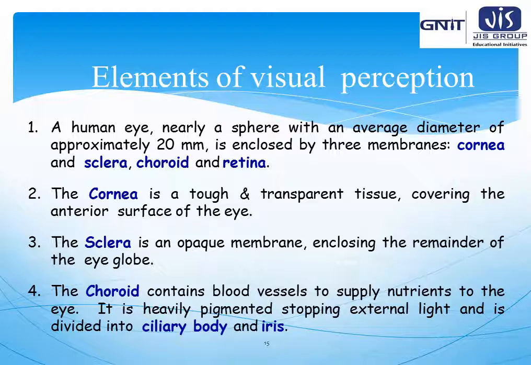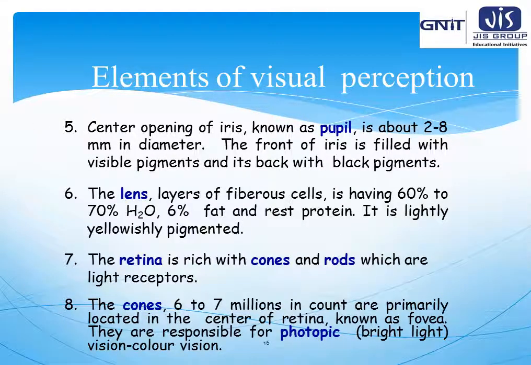The choroid contains blood vessels to supply nutrients to the eye. It is heavily pigmented, stopping external light, and is divided into the ciliary body and iris. The center opening of the iris, known as the pupil, is about 2 to 8 millimeters in diameter.